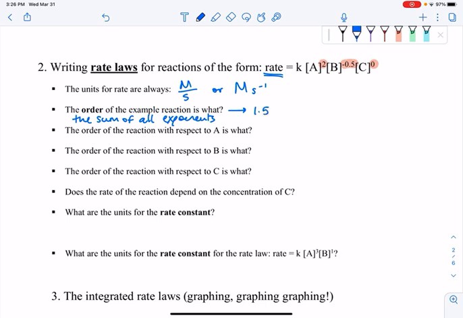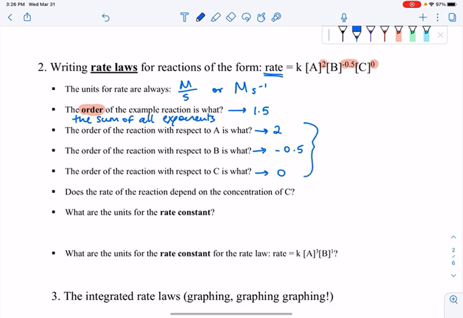So the order of this entire reaction would be 1.5, right? That's an important word. Then you can also define the order of the reaction with respect to species. So the order of the reaction with respect to A is 2, because look at the exponent. For B, it's negative 0.5, and for C, it's 0.